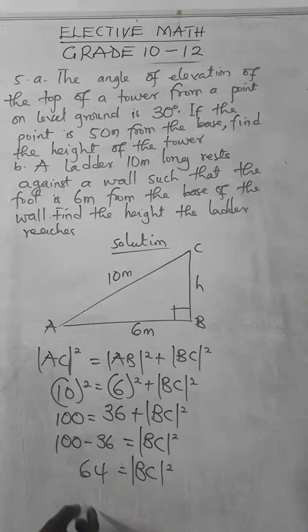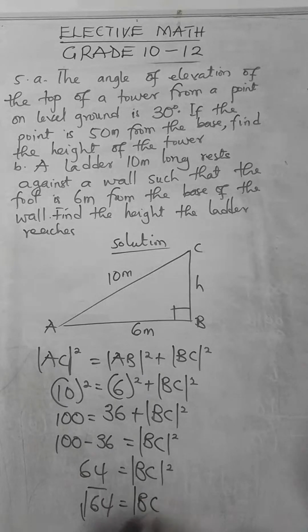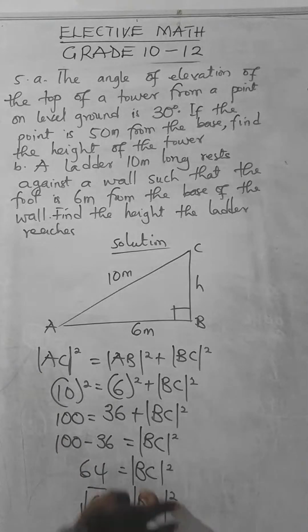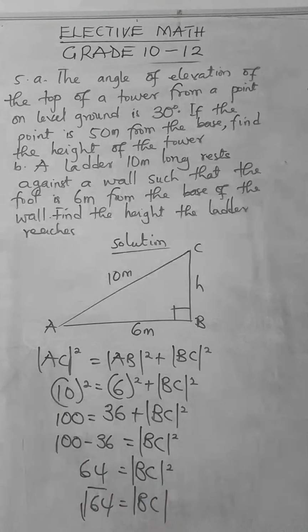So here we have the square root of 64 equals BC. Transfer the square, it becomes square root.